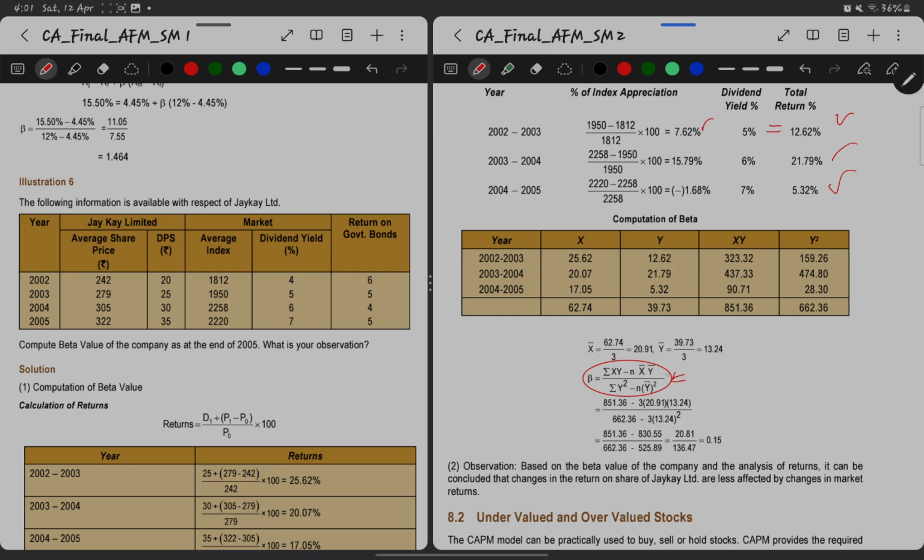Substituting in this formula will give the beta, which is 0.15. As we can see, X is less sensitive towards market return since it is less than 1.